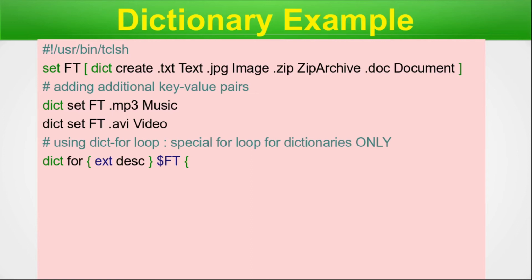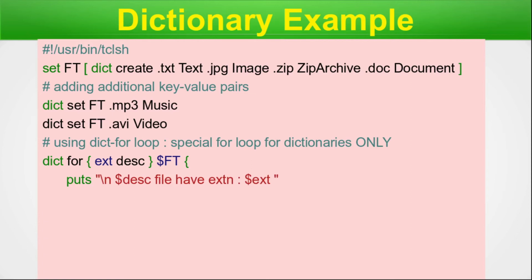Ext I have shortened for extension, and desc is the description. So ext and desc are the two different variables for each key value pair coming from the ft. Here dict for is used, and we are accessing key value pairs of the dictionary ft. And once we get it, we will echo the description and the extension.